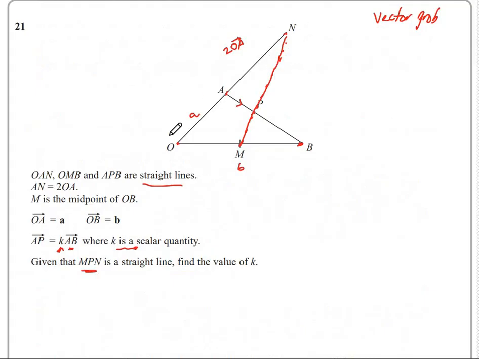Well, this AN part says it's 2OA, and we know that OA equals A. So 2OA means 2A. We're just filling in that. And M is the midpoint of the line OB. So again, that divides this vector B into half. So these points would be half B, half B. We're just filling in some more information.